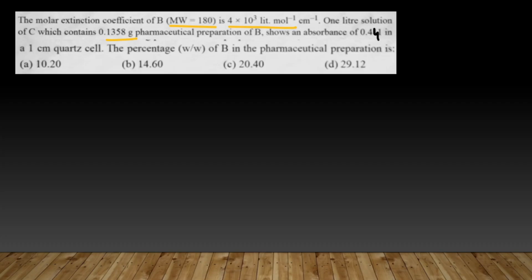So what they have done is they have some compound which is B, whose molecular weight is given to us, and its molar absorptivity, also called the molar extinction coefficient, is given to us. So using this compound, they have prepared a solution which they have labeled as C. So C solution has been prepared in which B has been added.